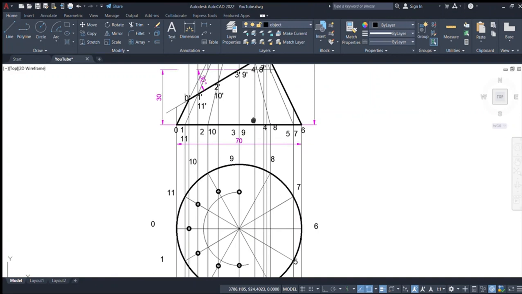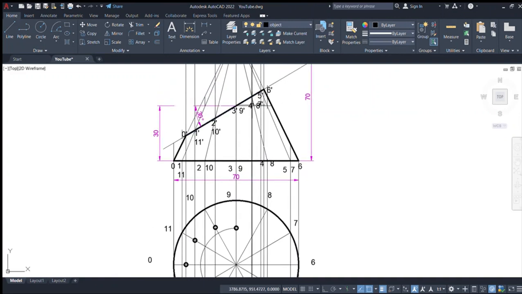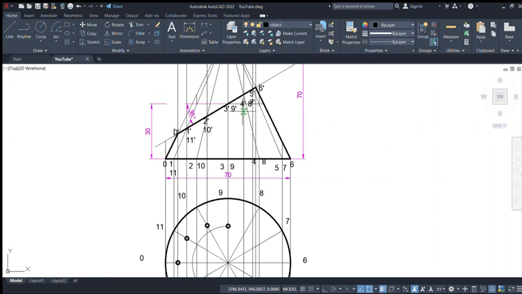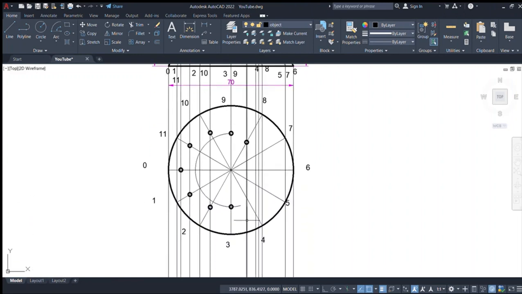So for points 4 and 8, it generates from here. So line 4, this line 4 here, that's line 8.